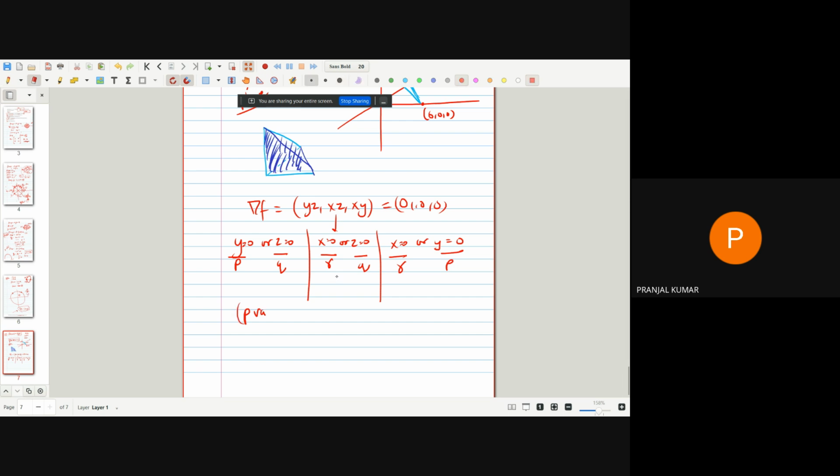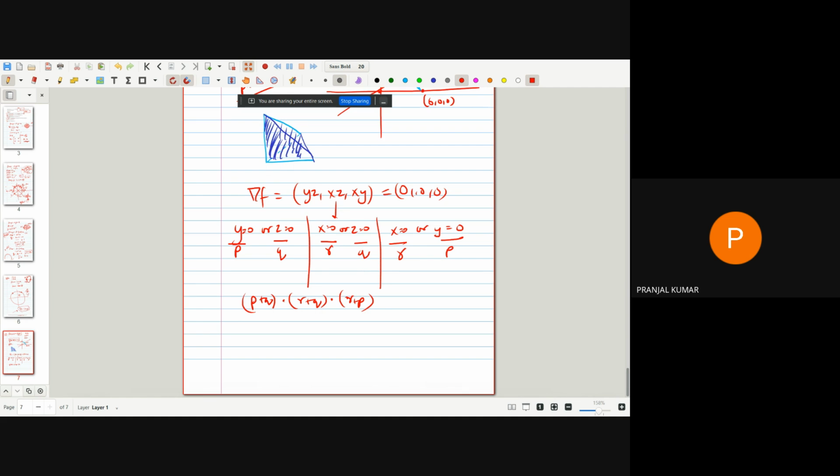So I can write it as digital logic also. P plus Q, dot R plus Q, dot R plus P. So one thing you can directly see, it is 0, 0, 0, right? Sir, what is this P plus Q and all that stuff?